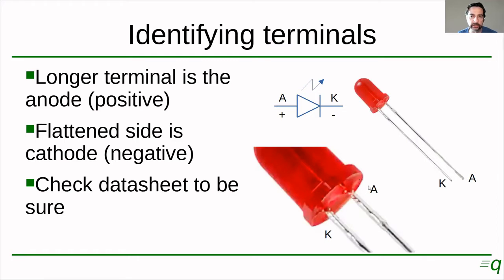This should be a full circle, but instead it has a flattened side here on the cathode. So those are two ways to identify which one is positive and which one is negative on an LED. But these rules may not be universal, so check the data sheet to be sure. If you don't have the data sheet, this is probably a very good guess.